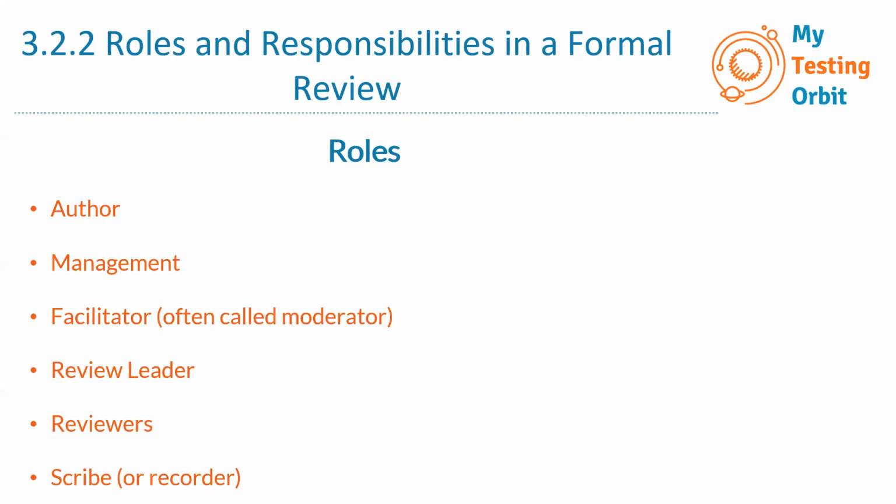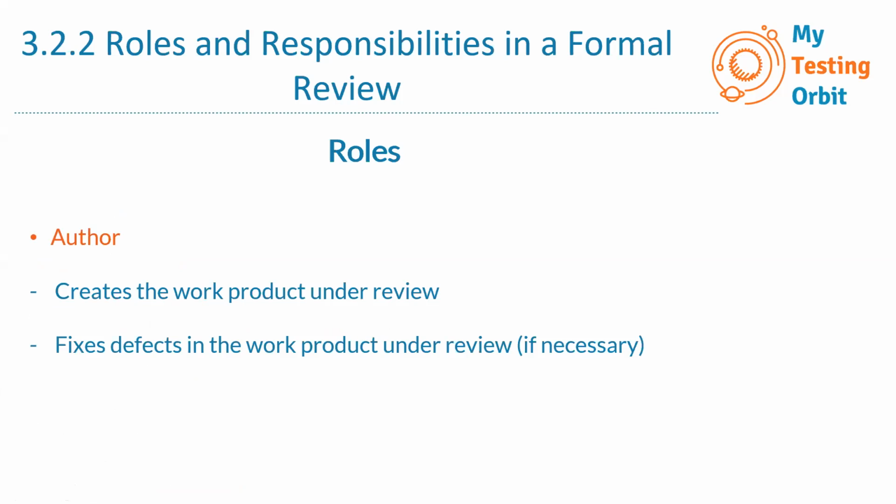We'll go through that as well. But the main roles are these ones: author, management, facilitator, also called moderator, review leader, reviewers, scribe, or recorder. Now let's go into each of them in detail.